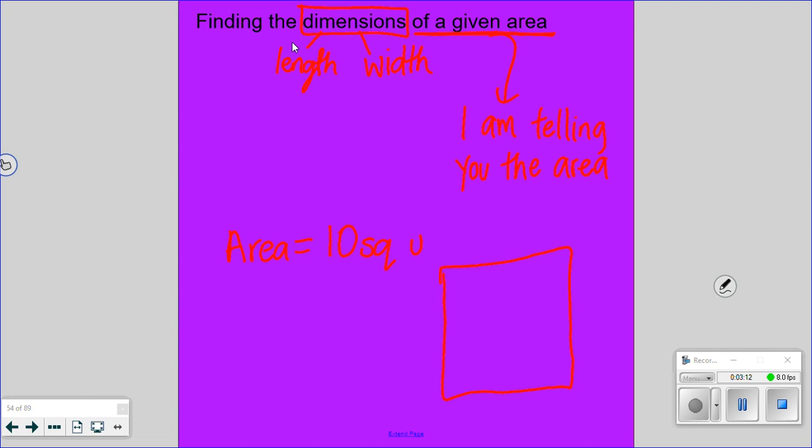Doesn't matter. I know that the area of this is 10 square units. I already know that. What I don't know is my length and my width.